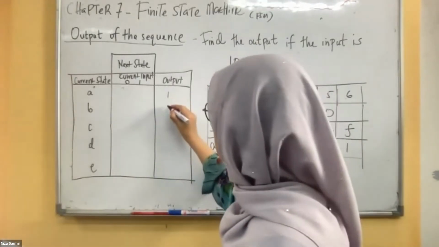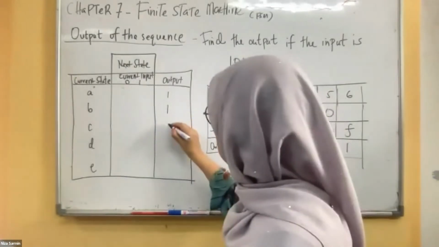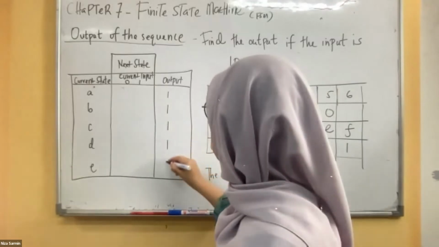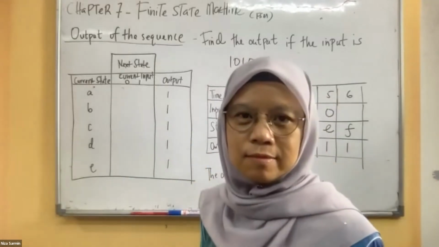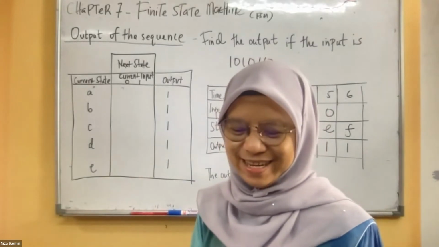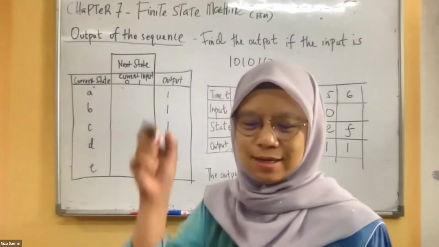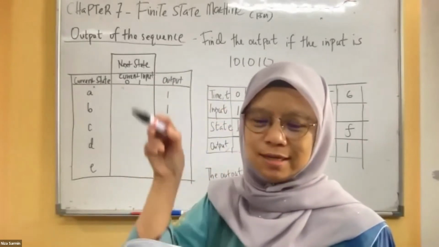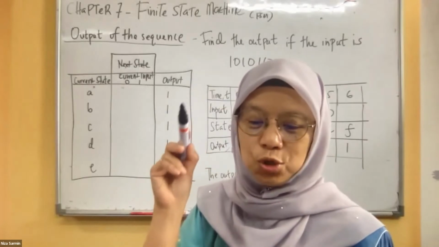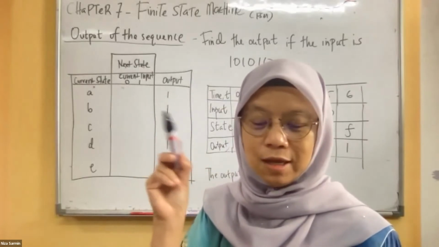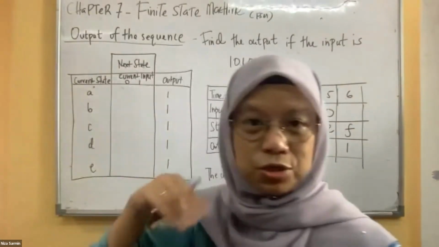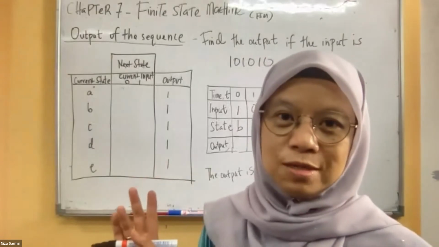The output of B is 1. C is 1. Oh, semua 1. Jangan tanya saya kenapa tak ada output 0. This is given. And in the edges, there are numbers 0 and 1, and that is your input. They can change to not necessarily 0, 1. Sometimes they change to letters.